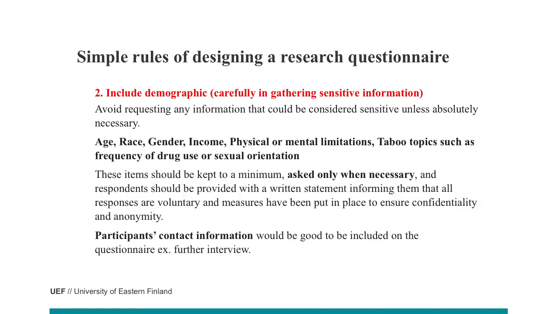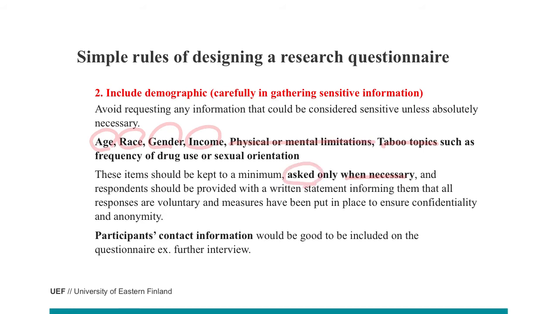The second rule is to include demographics, but you should be careful in gathering sensitive information such as age, race, gender, income, or physical limitations. So only when the information is needed, you can ask it.